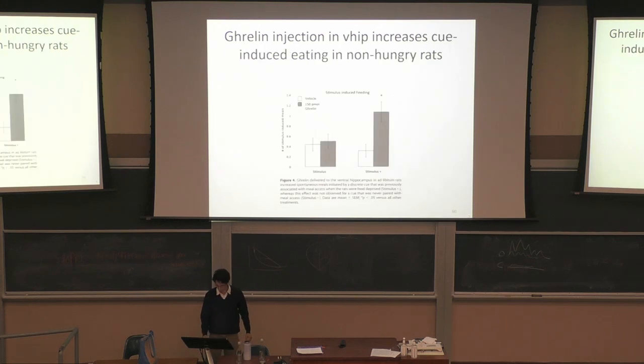Okay, and in the same paper they also showed Pavlovian cue-induced eating, which means there's an auditory tone, and when the tone stops there's availability of food, so the mouse learns to do this.